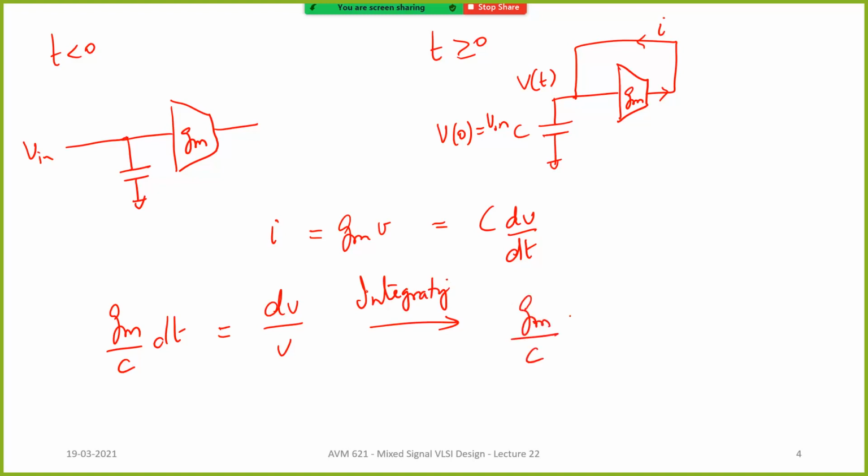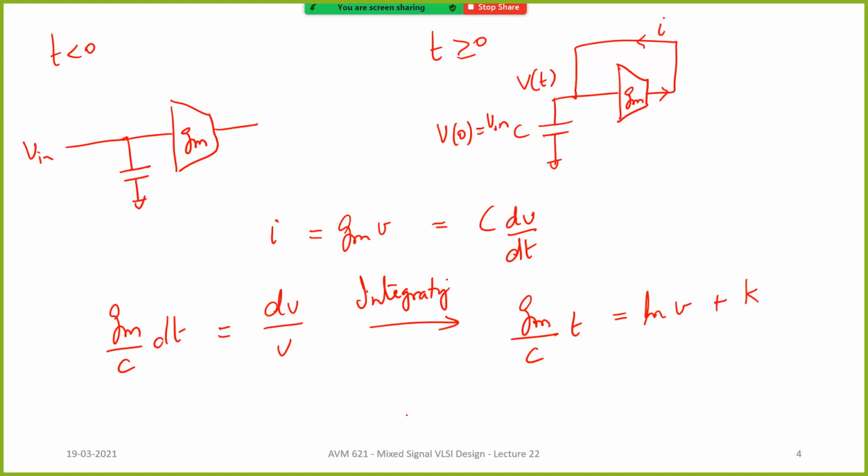Gm by C into t is equal to, what is the integration of dV by V? ln of V, plus some constant K.